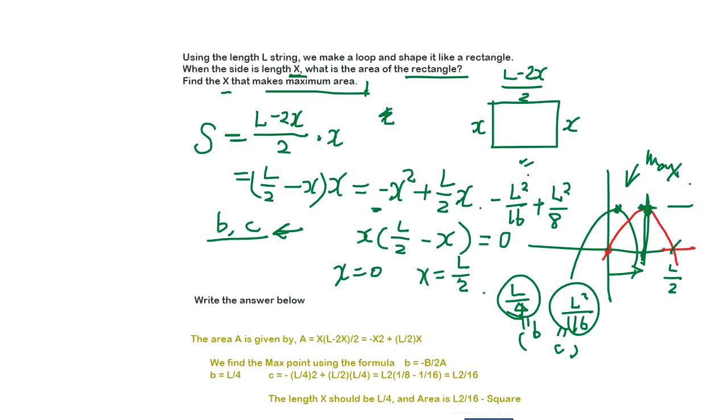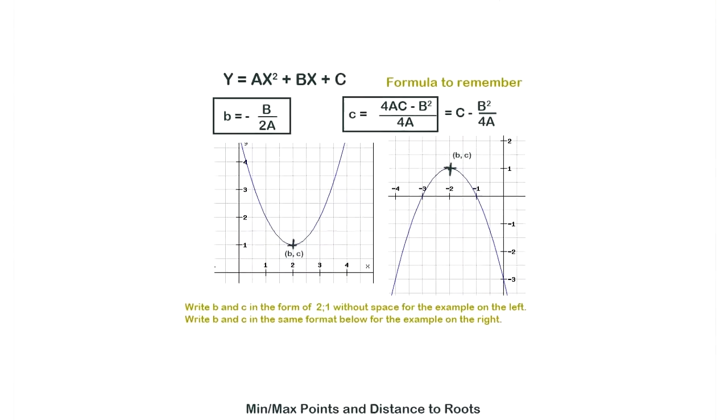So when X equals this, the area is going to be this. This is the maximum area, for the condition X equals L over 4. Okay, you can go over this.